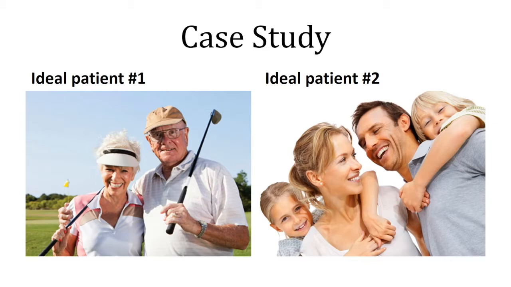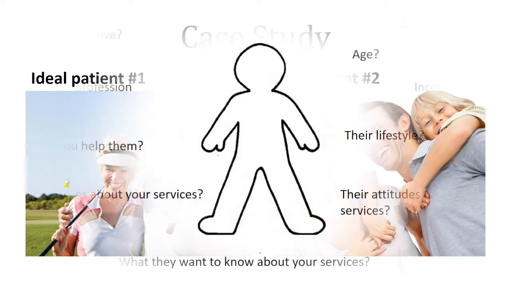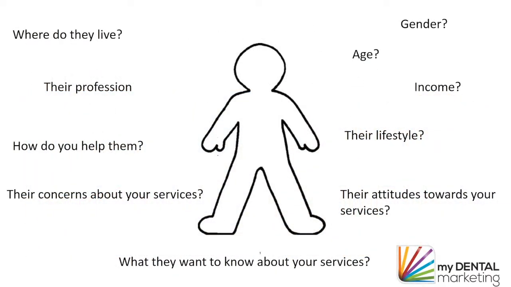So think about where they live, their profession, age, gender, income, their lifestyle, but also think about how you can help them. What do you do that other practices can't? What do you care about that other practices don't? Think about their concerns about your services, and this could be anything from price, location, opening hours.